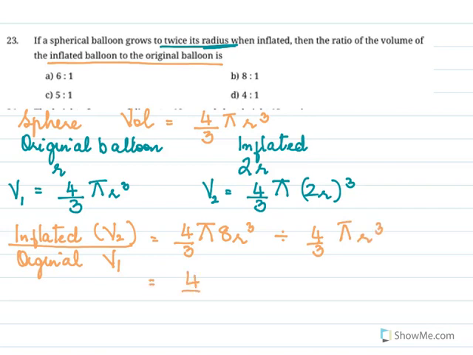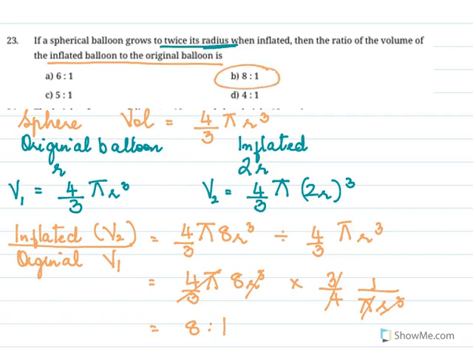So we have 4 by 3 pi 8 r cube into 3 by 4 1 over pi r cube. When you cancel this, the ratio is 8 is to 1, 8 over 1. So this is the right answer.